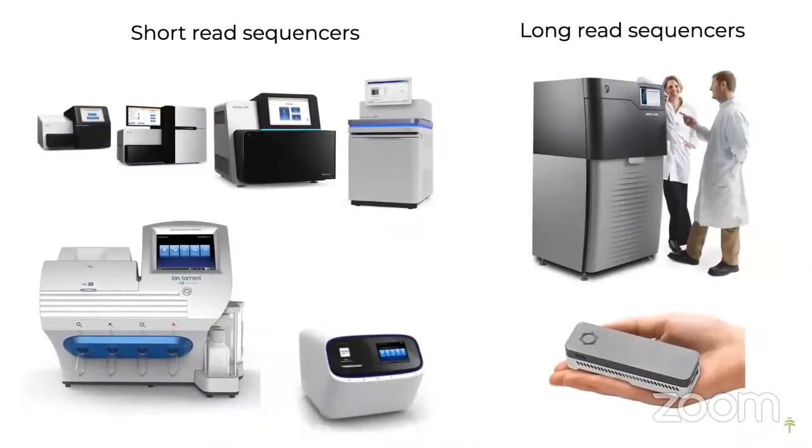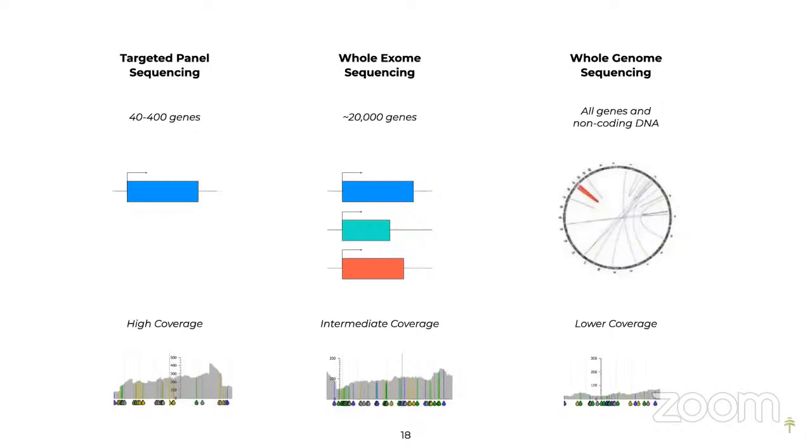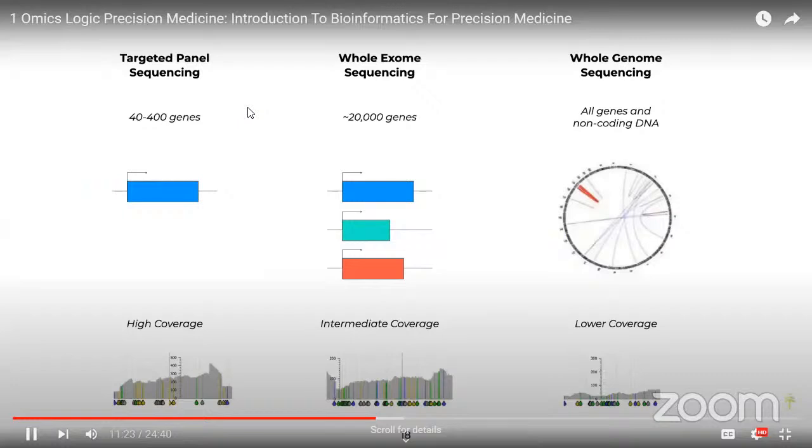Platforms are instruments that produce digital omics data. Those can be divided into two types: short read sequencers and long read sequencers. And they can be used to sequence either targeted, amplicon, or whole genome, or untargeted DNA and RNA sequencings. In most cases, for clinical use, we will refer to either whole exome or targeted panel sequencing.